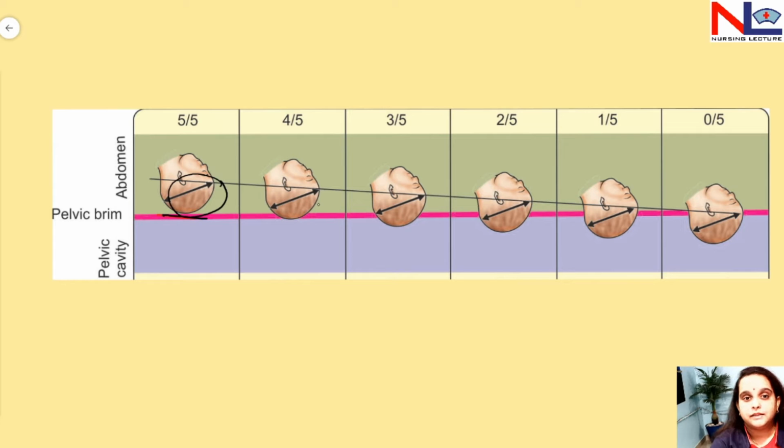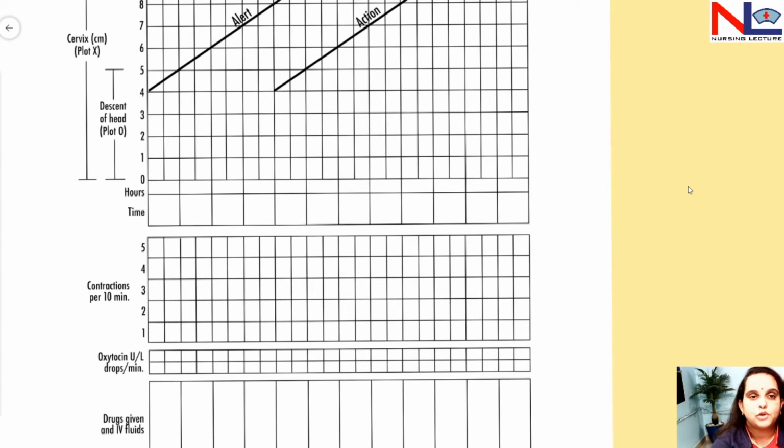If we are just getting 4 fingers above the pelvic brim, then we need to write 4. Okay. So likewise 3, 2, 1 and 0, which means when the head completely descends down and goes into the pelvic cavity, we are not palpating the fetal head just above the pelvic brim. In that condition we will write 0. Okay. So this is how we will plot the cervical dilatation as well as the descent of head.